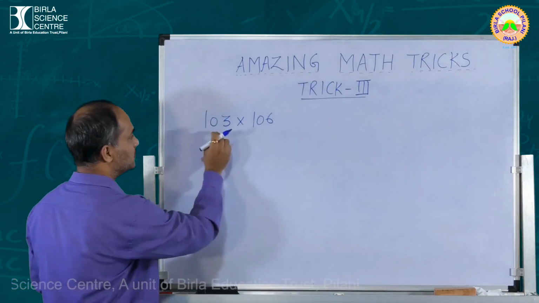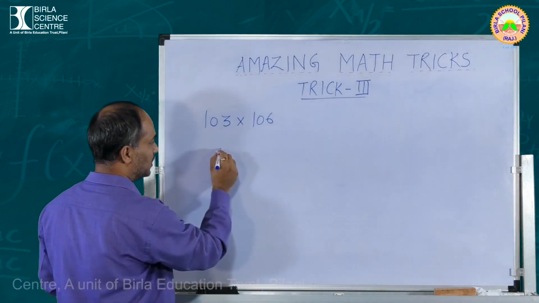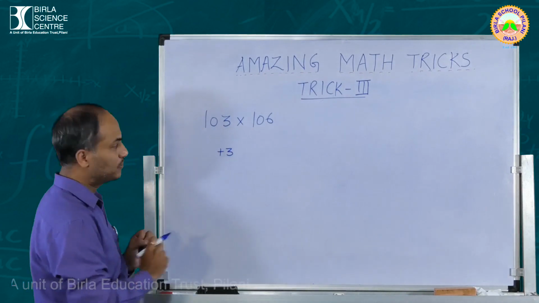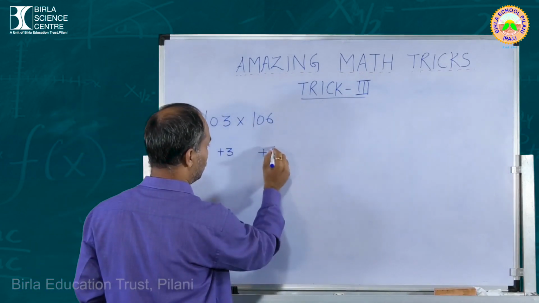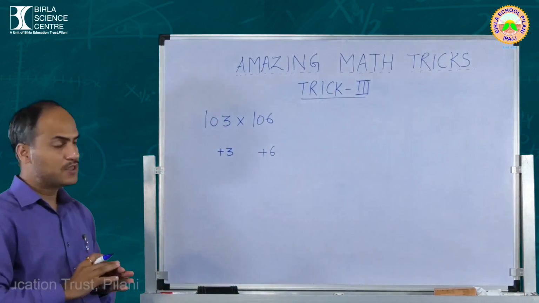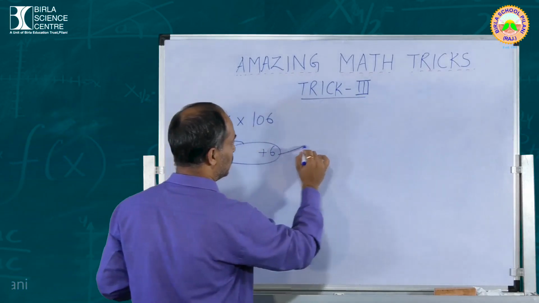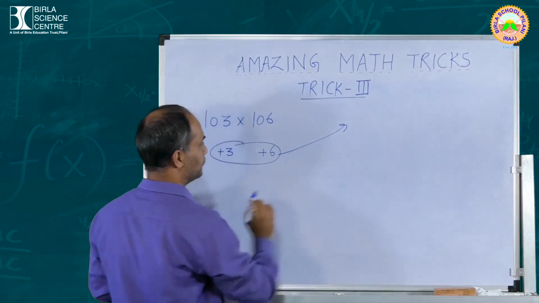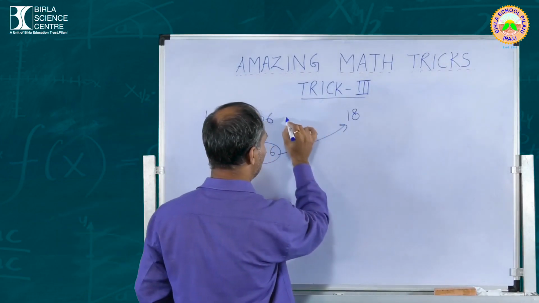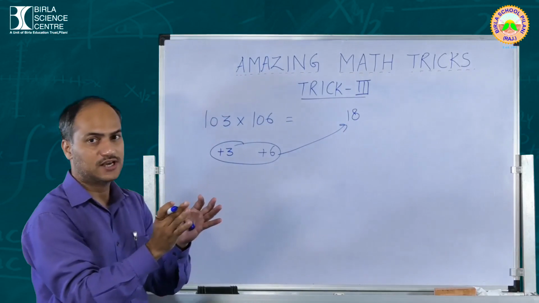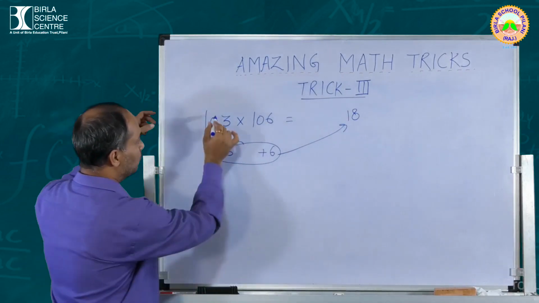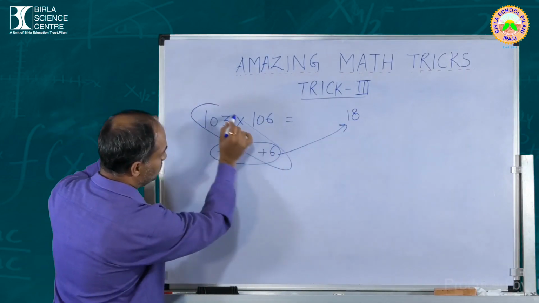So here we see that this number is greater than 100 by 3 and this number is greater than 100 by 6. Okay, so if we multiply these two, what do we get? 6 3s are 18. Okay, so we are directly writing answers, guys. Now can we add these two numbers?